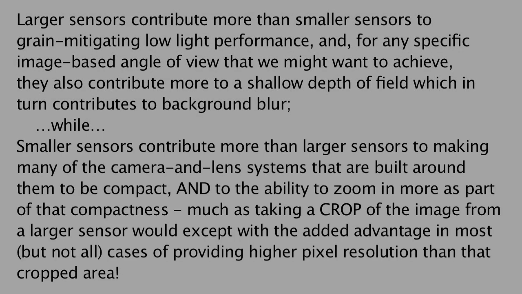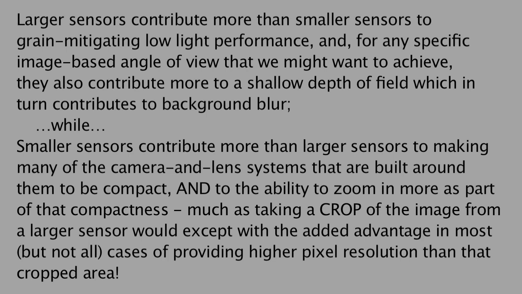While smaller sensors contribute more than larger sensors to making many of the camera and lens systems that are built around them to be compact, and to the ability to zoom in more as part of that compactness, much as taking a crop of the image from a larger sensor would, except with the added advantage in most, but not all, cases of providing higher pixel resolution than that cropped area.